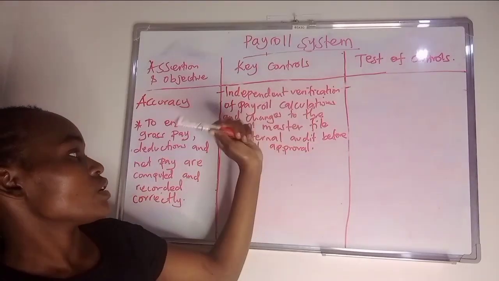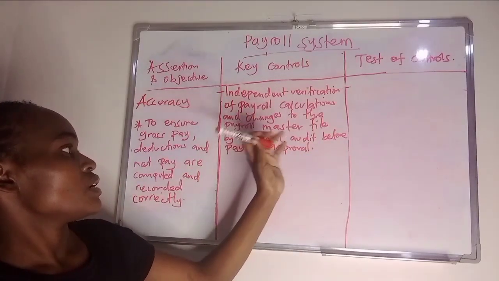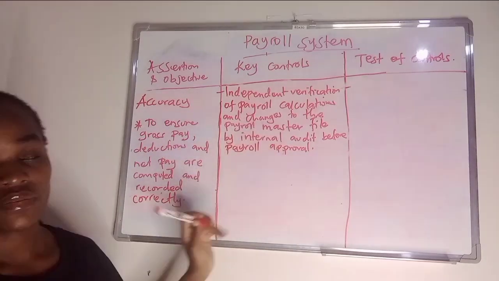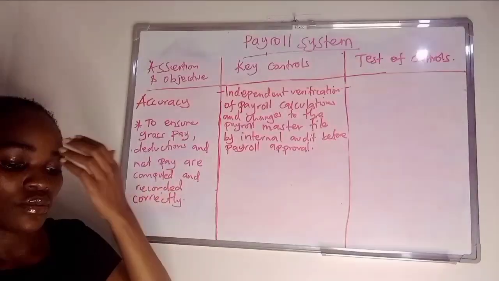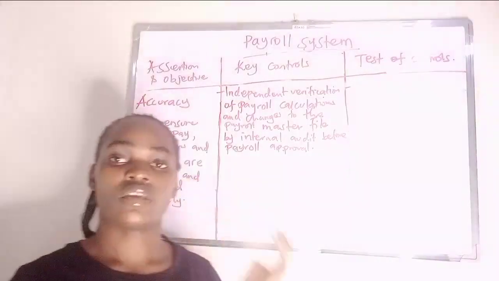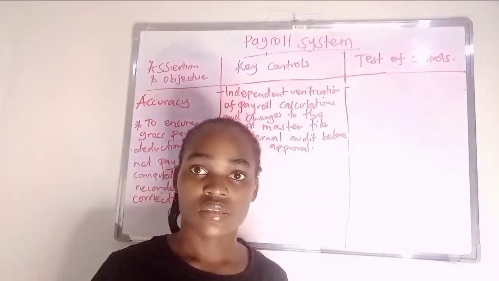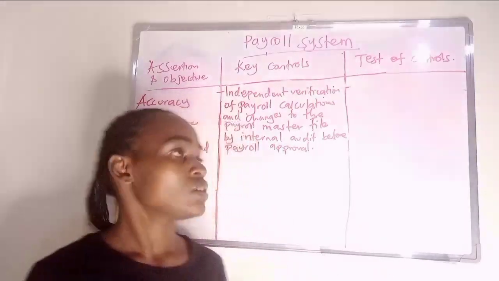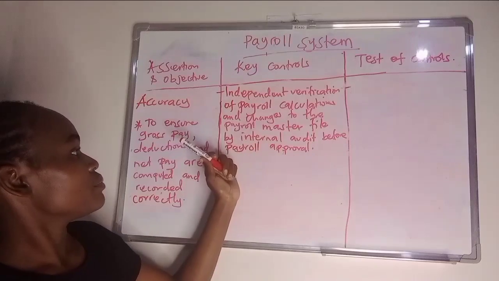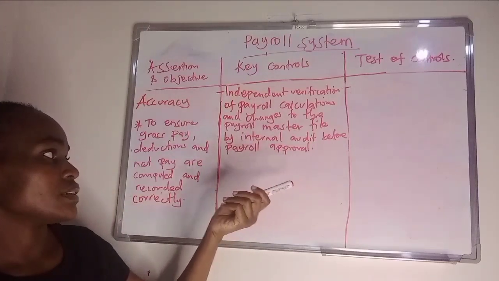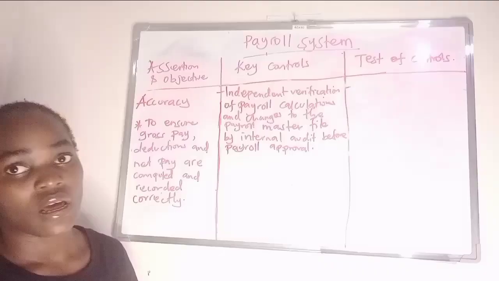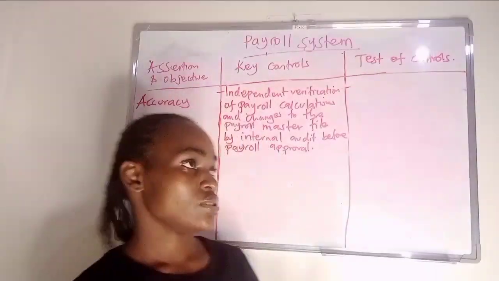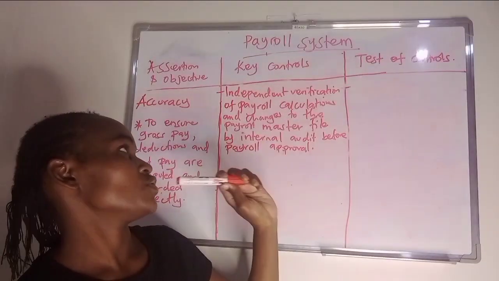So independent verification of payroll calculations and changes to the payroll master file. The changes to the payroll master file are included because the master file records information about all the employees in the organization. These are verified by the internal audit before the payroll approval. So, how can the auditor test this kind of control?